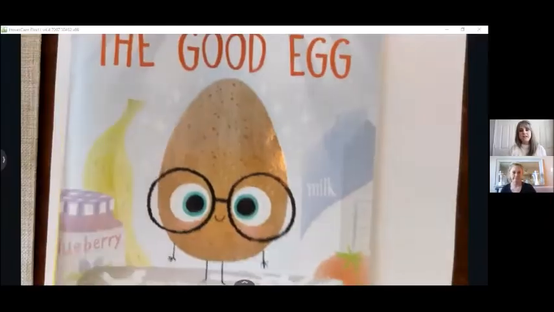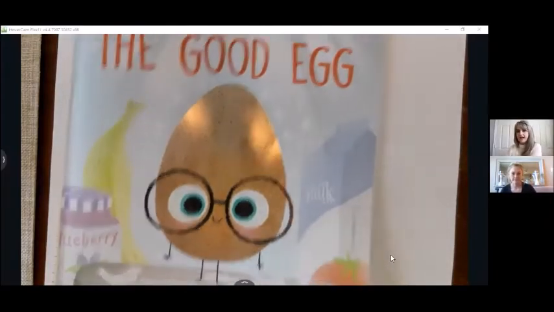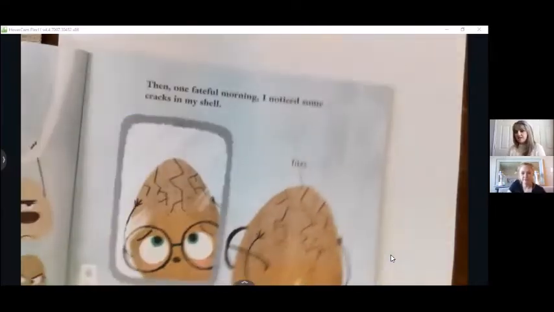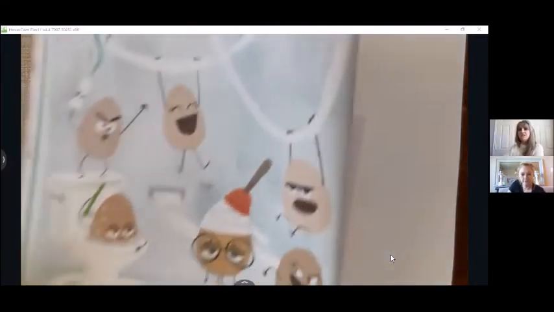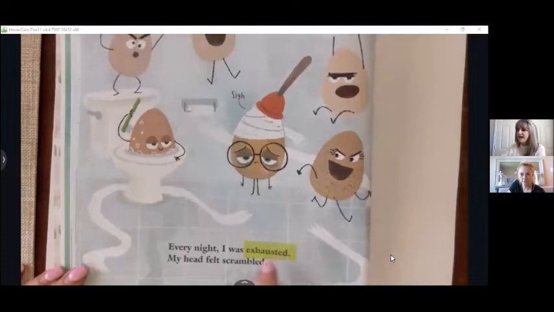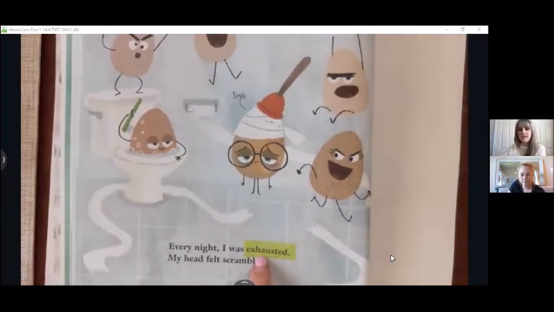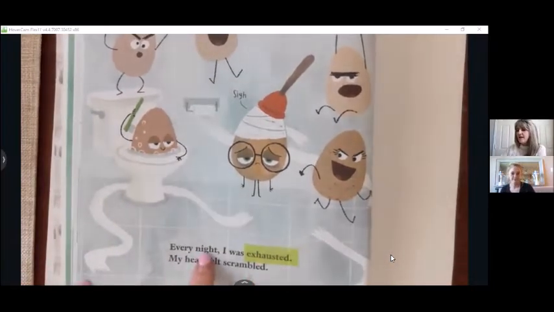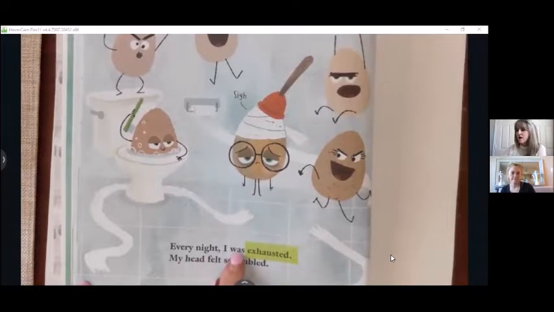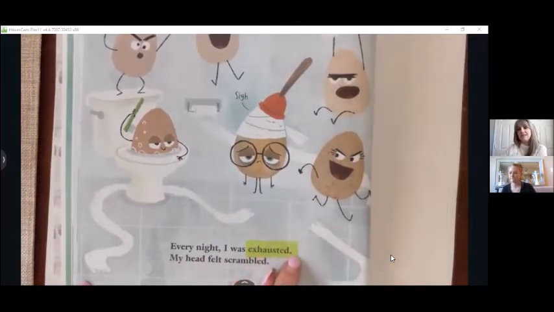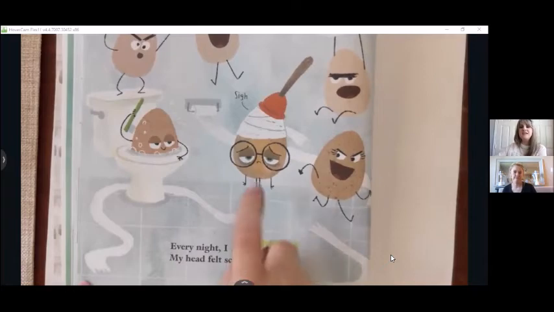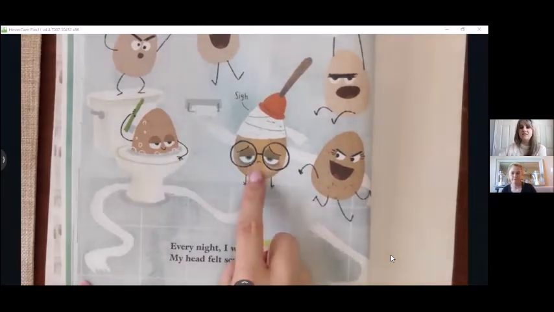So I was looking through my book of The Good Egg, and I noticed that when I turned to this page, I saw a word that has the AU in it. "Every night, I was exhausted." And I'm thinking exhausted means what, Miss Grissom?